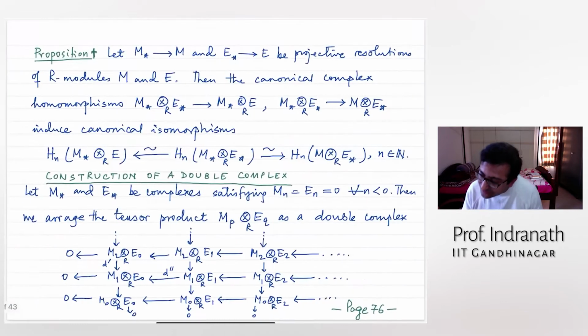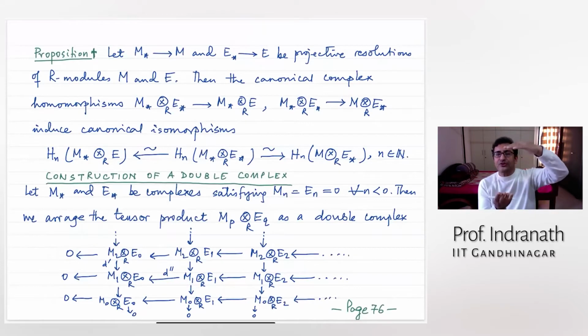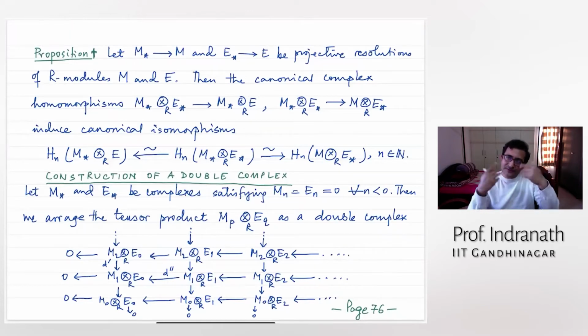And now here was the proposition, where again the proof follows from what we have done. Basically, we will take two projective resolutions, and first we show that they are homotopic. Then we apply the functor, we still have the homotopy, and the homotopy gives me equality of maps at the level of homologies, and that is how you show that it is independent of the projective resolution you choose.